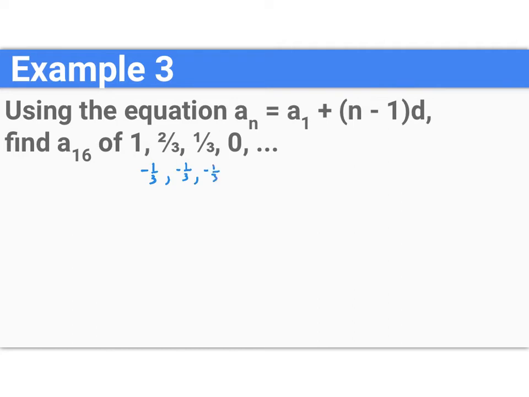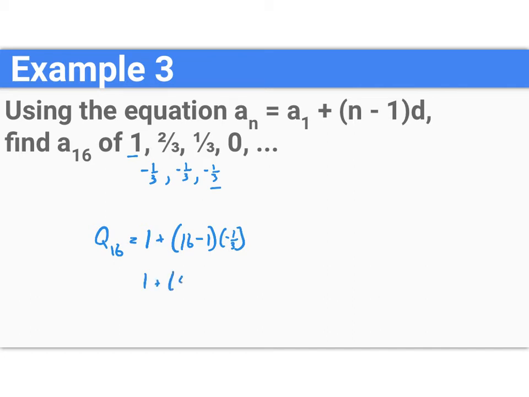So d is negative 1/3, and our first term is 1. So a of 16 equals our first term, a1, plus 16 minus 1 times negative 1/3. So negative 1/3 gets substituted in for d because that's the common difference.